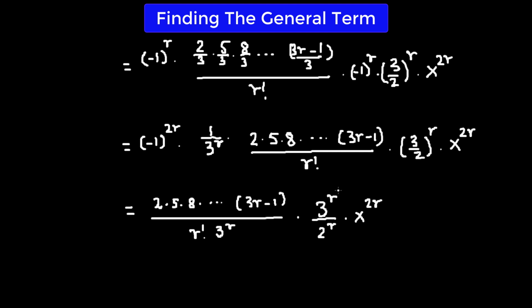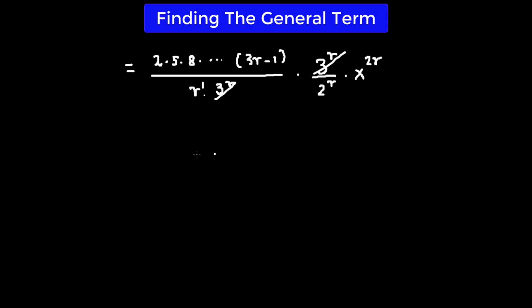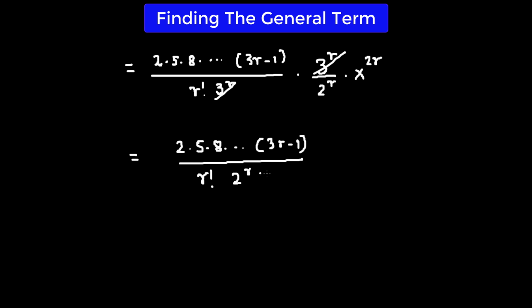Now here we can factor out 3^r, since it is present in both the numerator and the denominator, and that would leave us with 2 times 5 times 8 up to (3r - 1), divided by r factorial times 2^r times x^(2r).